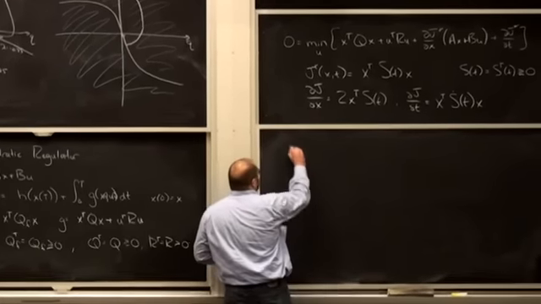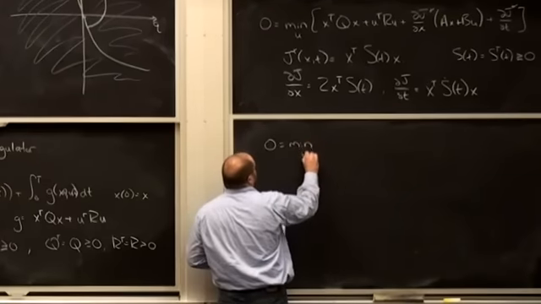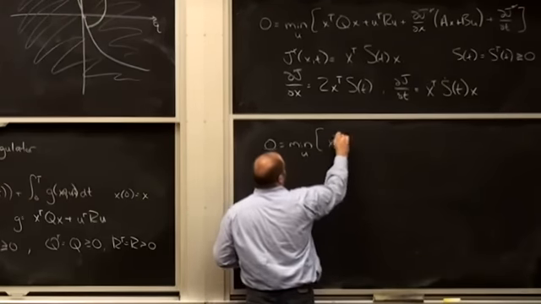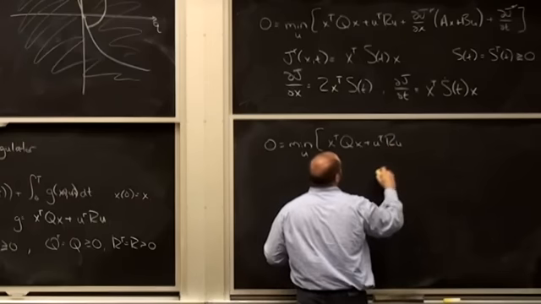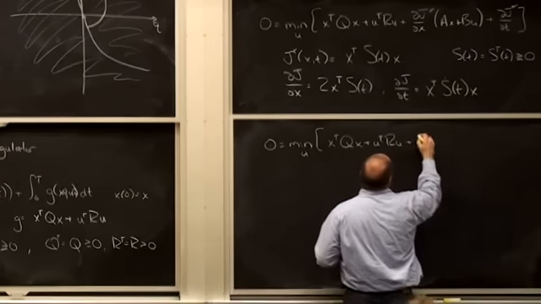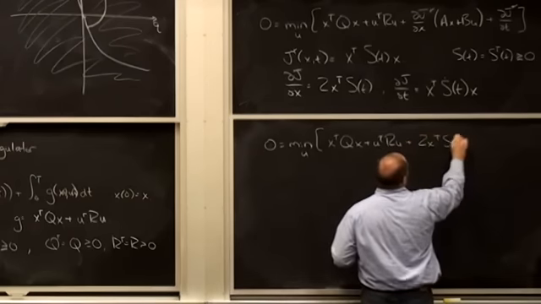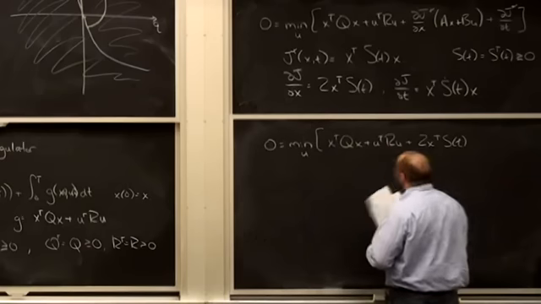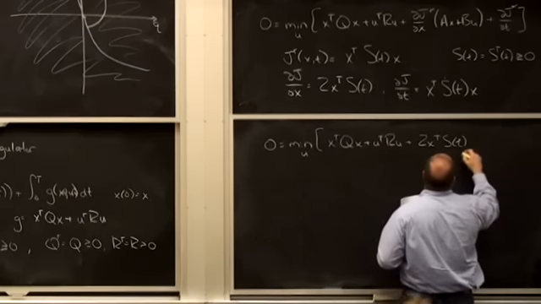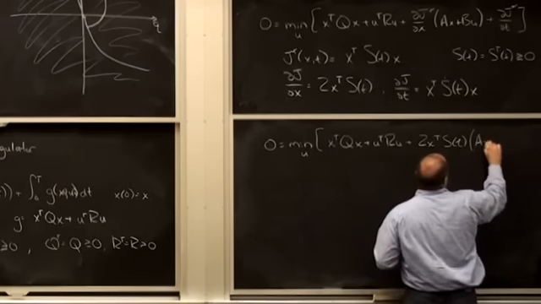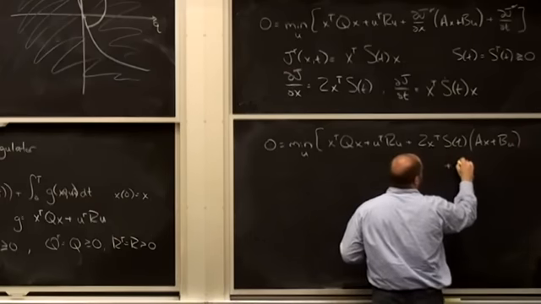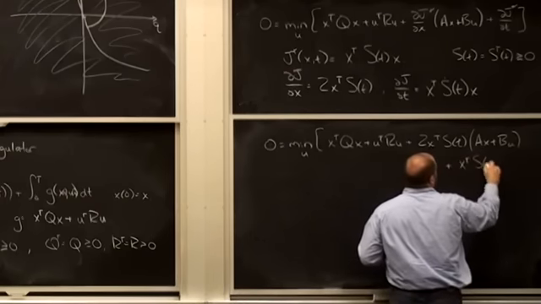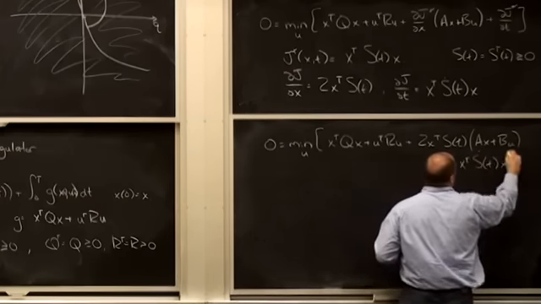Okay, so I've got 0 equals min over u of x transpose Qx plus u transpose Ru plus 2x transpose S(t) times Ax plus Bu plus x transpose S dot(t) x.